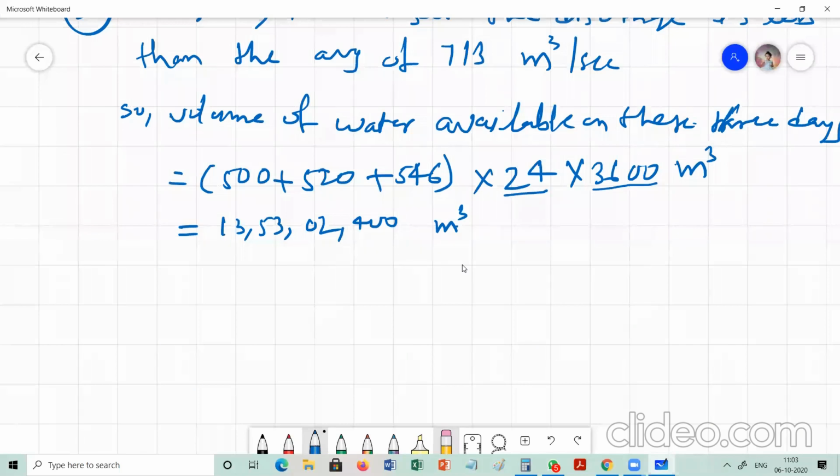Now we will calculate the actual volume of water required. Obviously on these 3 days, the average discharge of 713 should be there.